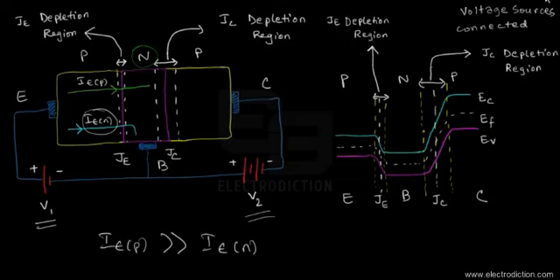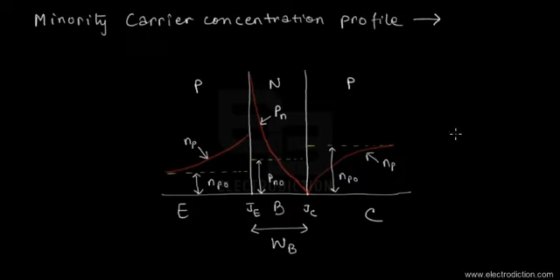The concentration gradient profile is exactly as shown by this diagram over here. So you can see that in the base section of a PNP type BJT, the current component due to the holes just increases exponentially near the emitter junction.